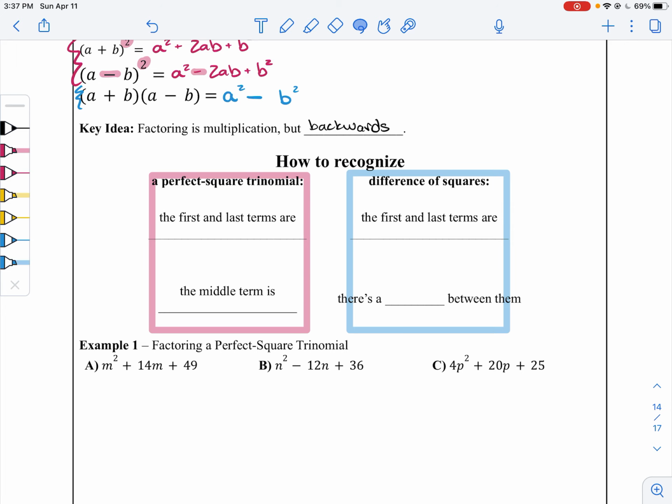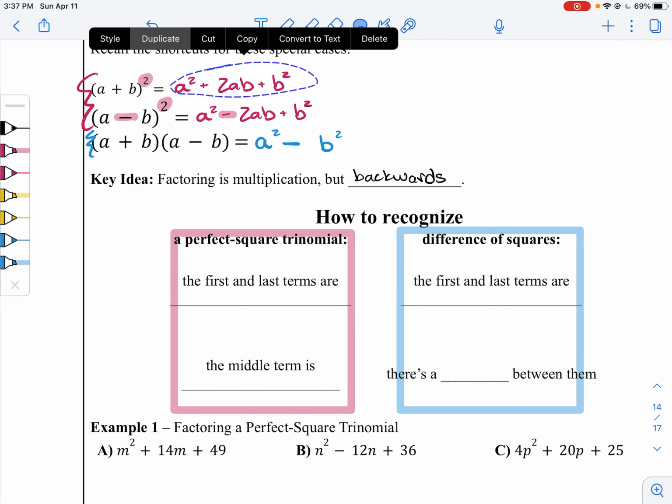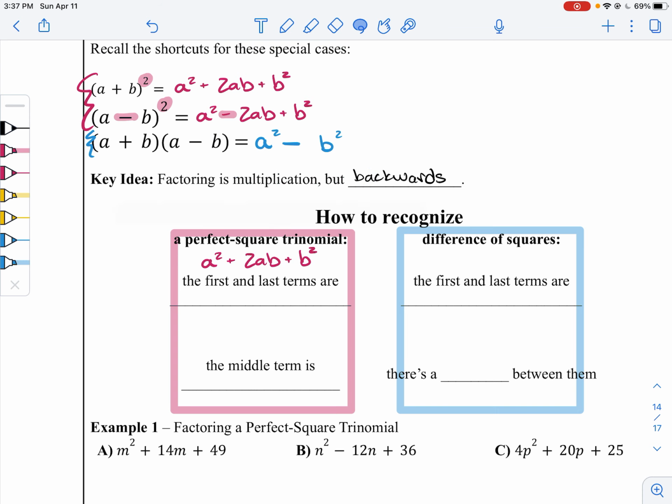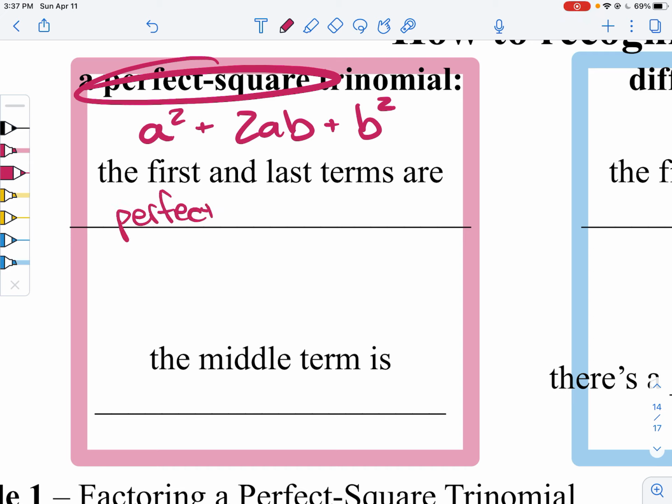So a perfect square trinomial is always going to take this form of a squared plus 2ab plus b squared. So in order to check that something's a perfect square trinomial, you check that the first term and the last term are both perfect squares. That is, no matter what they are, they're equal to something squared.